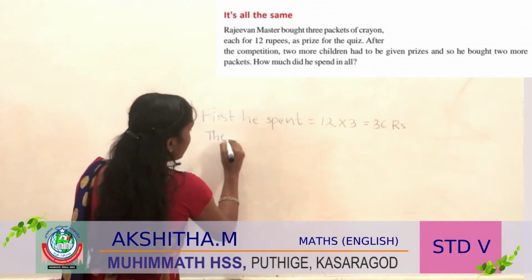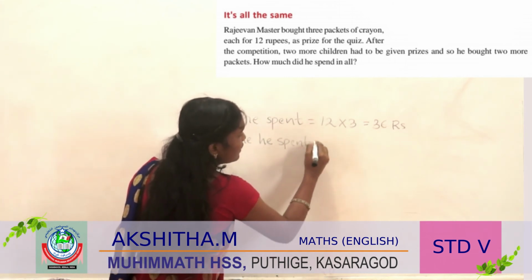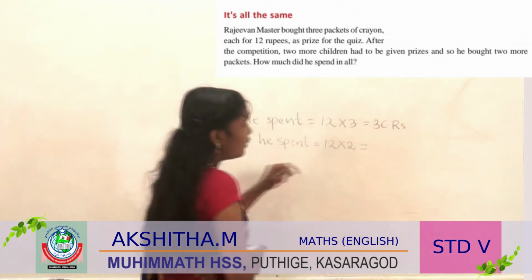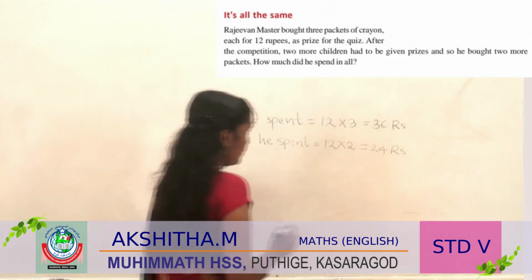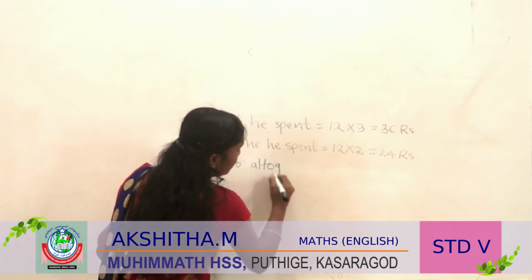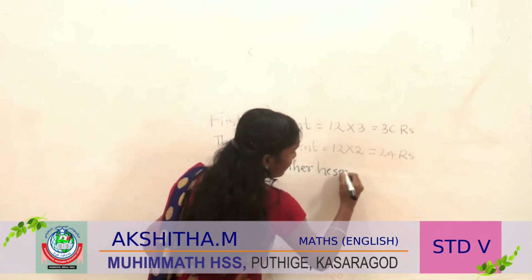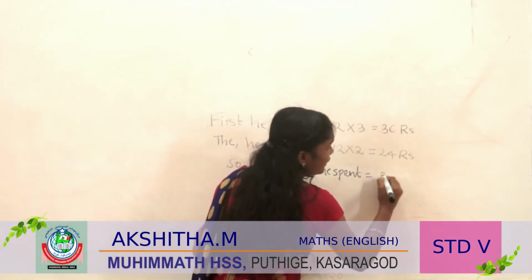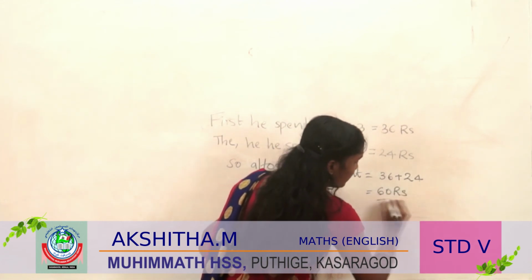Then he spent 12 into 2, 24 rupees. So altogether he spent 36 plus 24 is equal to 60 rupees.